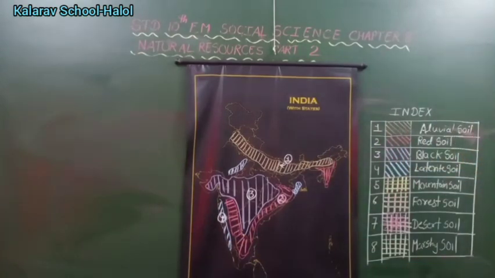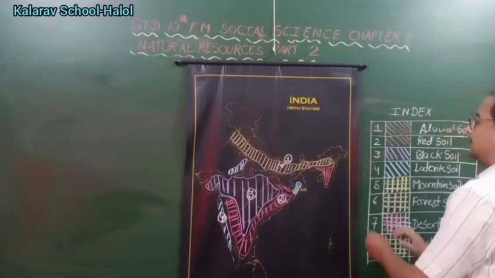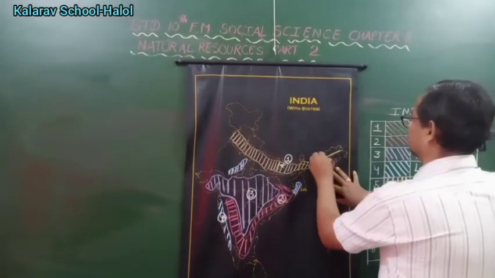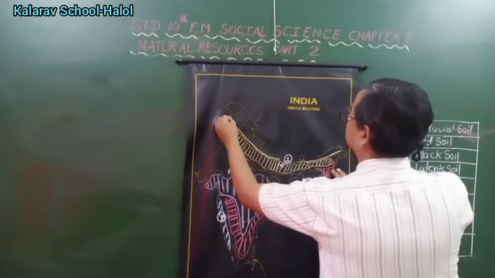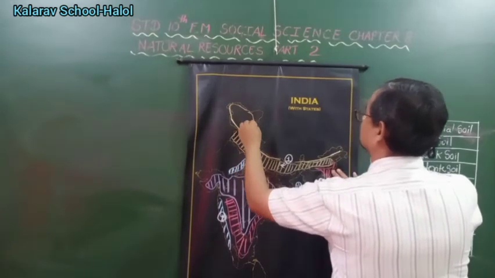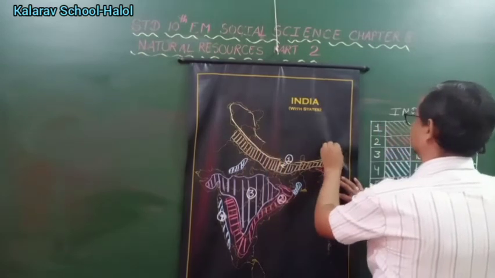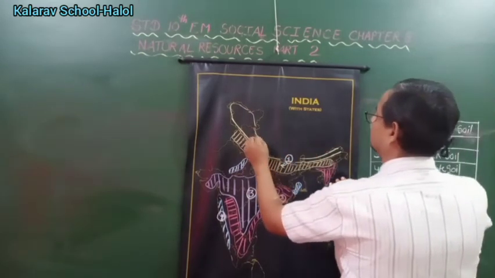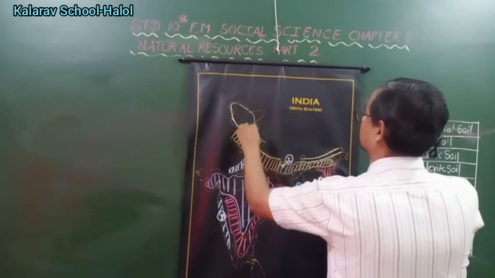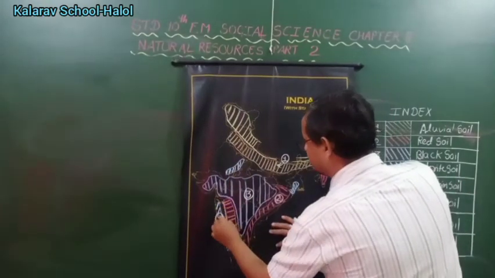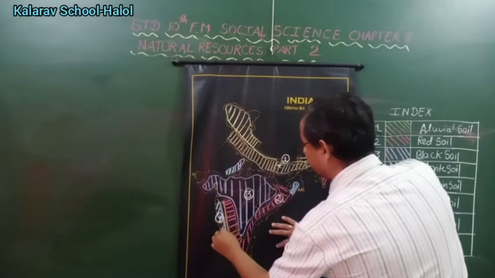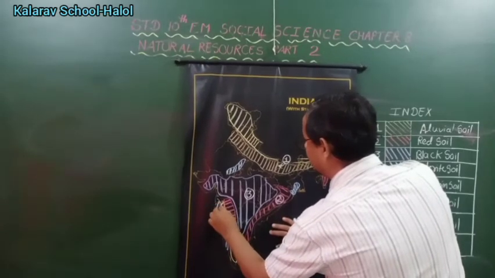Mountain soil, as the name itself suggests. The entire Himalayan region is covered for this. This entire portion. At the same time, this is Sahyadri, so here also you will get mountain soil.